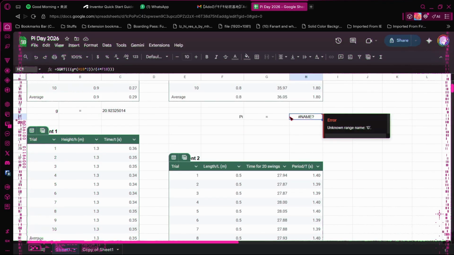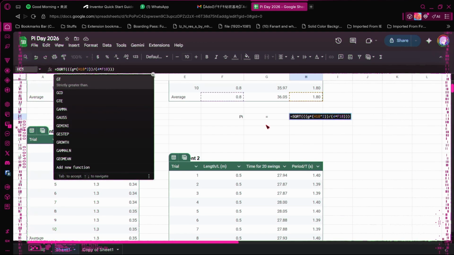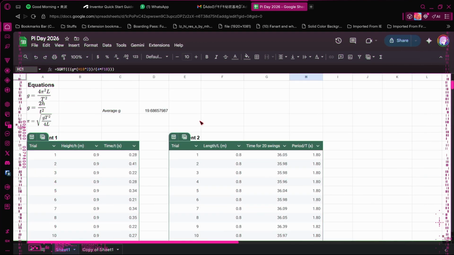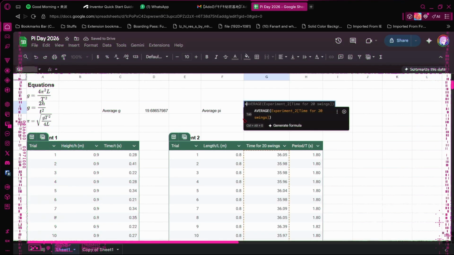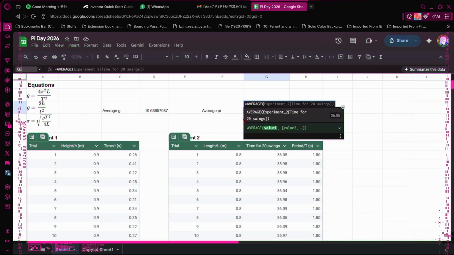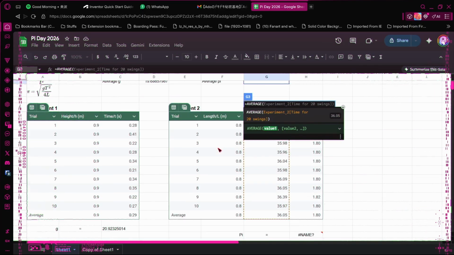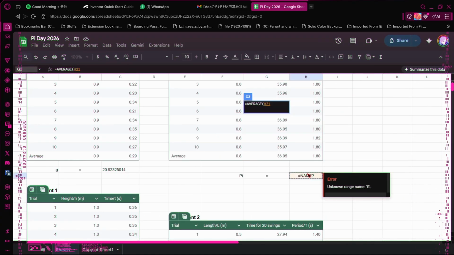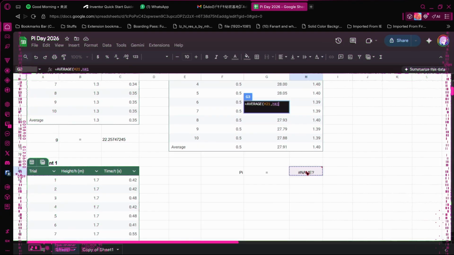So let's replace our G's, and before that, let's find the average pi, which is going to be equal to the average of this and this.